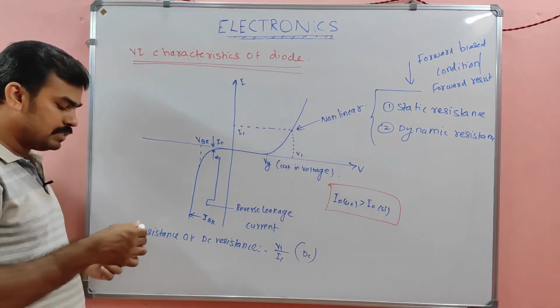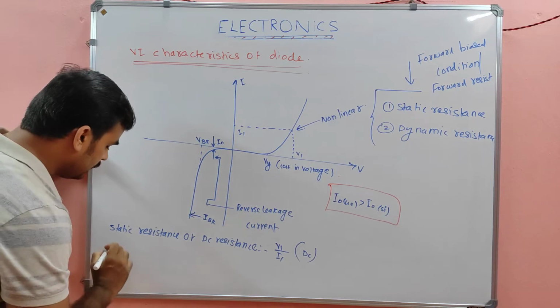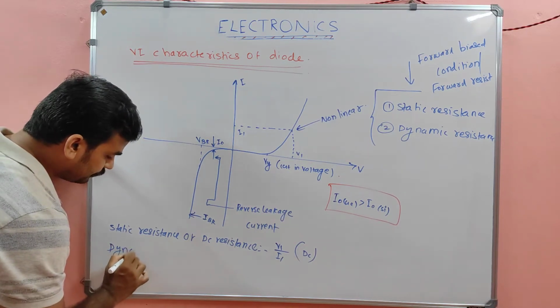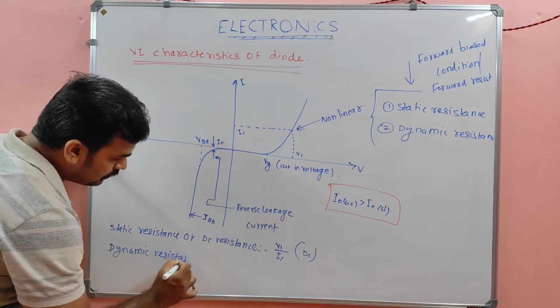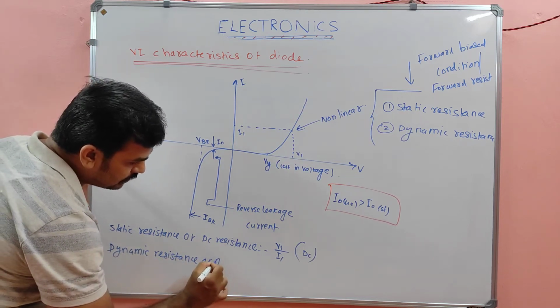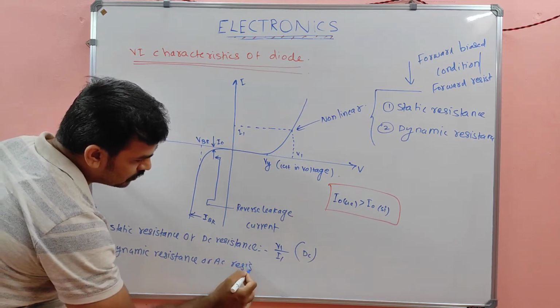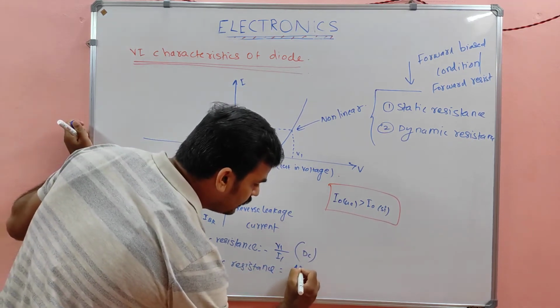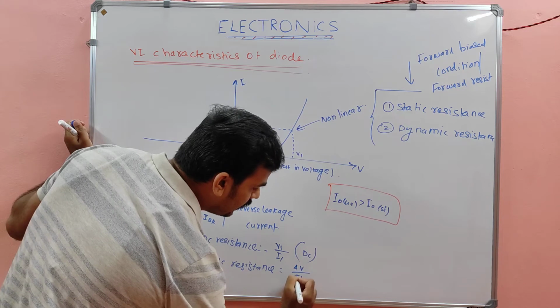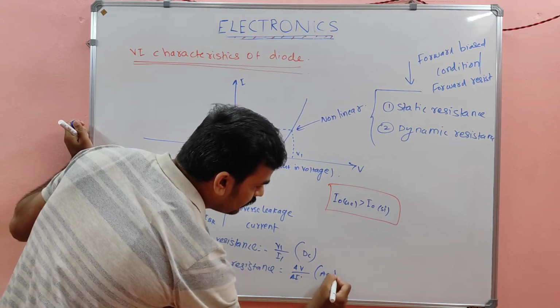The other resistance is called the dynamic resistance, or AC resistance, which is nothing but, my dear, delta V divided by delta I, that is AC in nature.